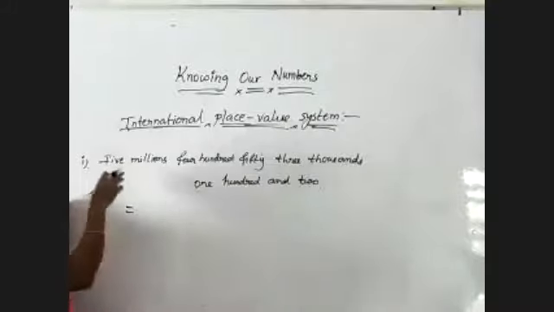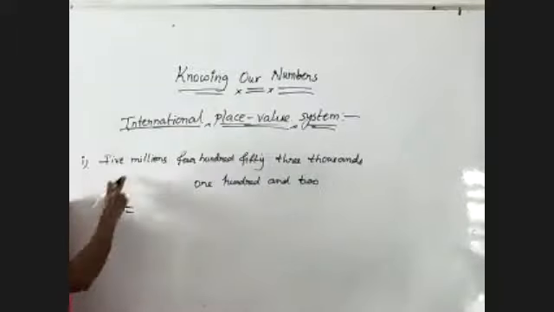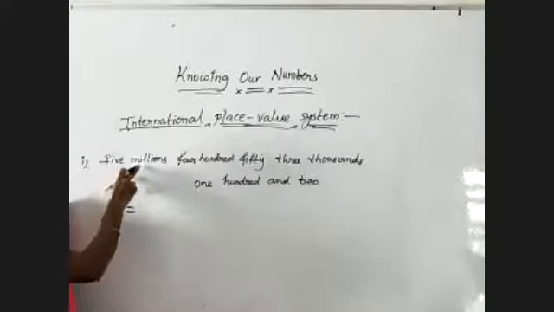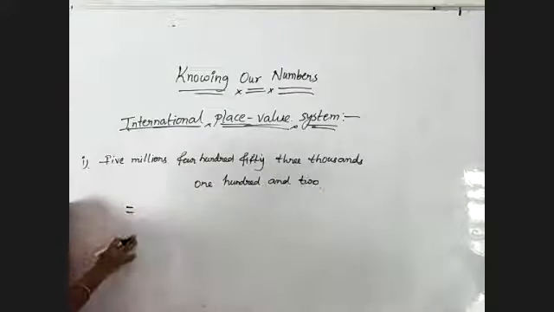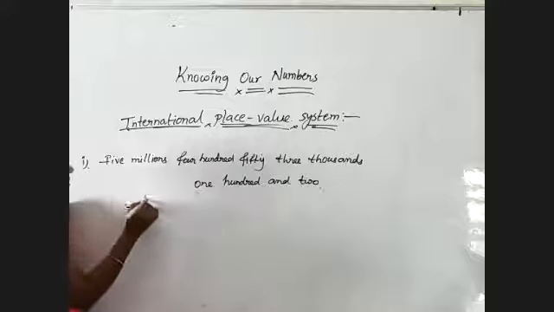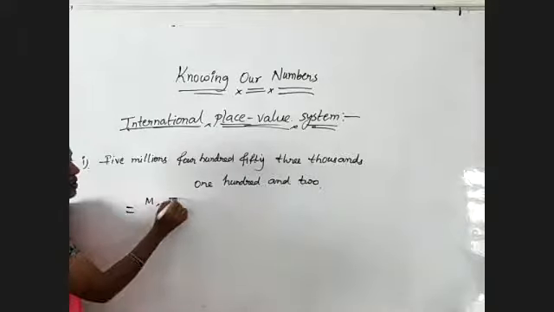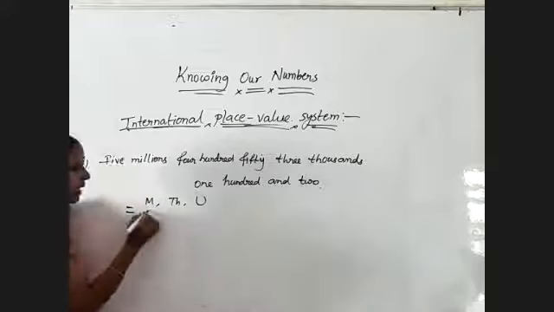Just observe here, what are the periods they have mentioned in the question? If they mention lakhs, crores, that comes under the Indian place value system. But what are the periods mentioned here? Observe, millions, thousands. So it comes under the international place value system. The first place value is millions, the next is thousand, the next is unit. How many millions are there? 5 millions.